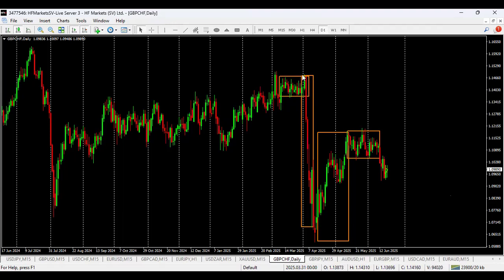When you execute your sell order right at this point and exit at this point, you will have profit because the market is in your favor. And when the market is on a bullish momentum or trend, you need to take your buy order at this point and capitalize on this move, exit at that point.